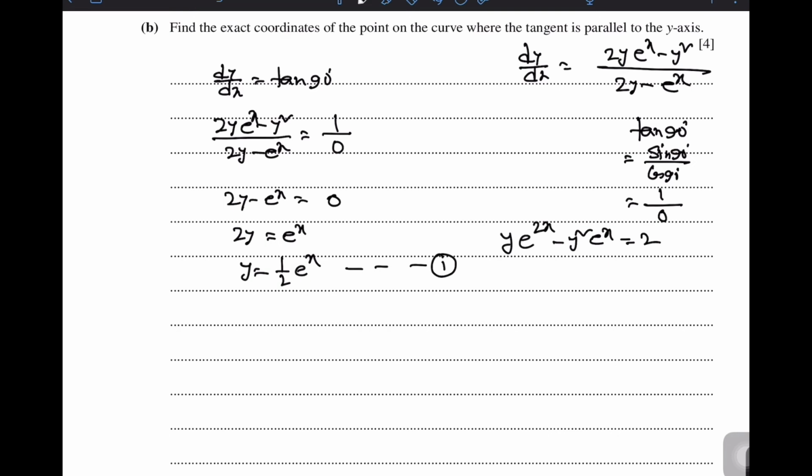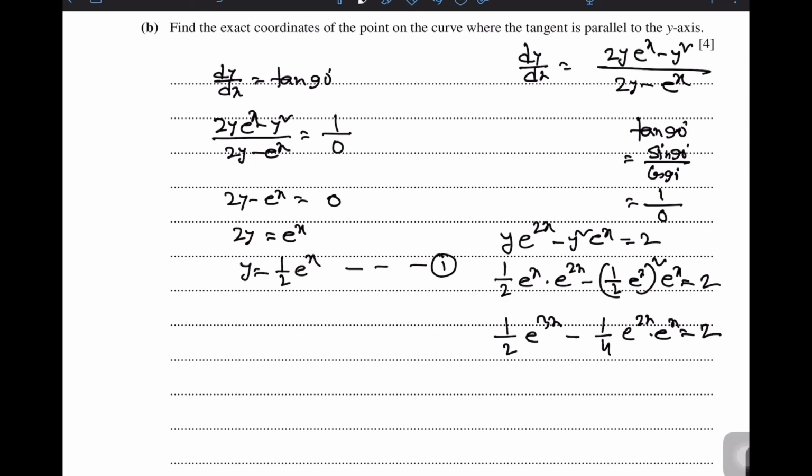Substituting into the curve: half e^x times e^(2x) minus (half e^x) squared times e^x equals 2. So this is half e^(3x) minus one-fourth e^(2x) times e^x equals 2.